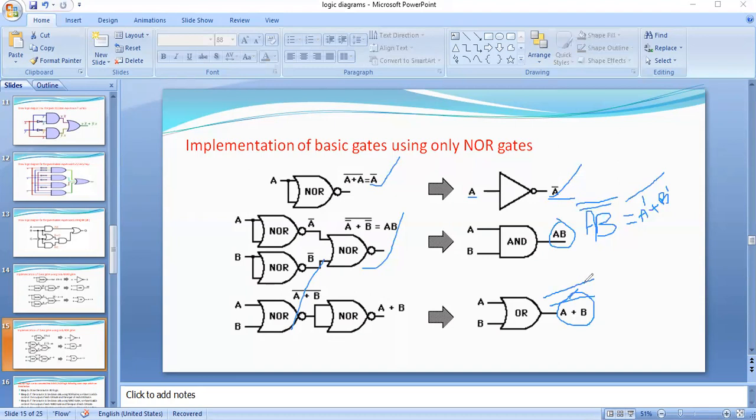After that, we have another bar, meaning you have to complement this term. So you have to use an inverter, and we can design an inverter using a NOR gate also. So (A plus B) double bar is equal to A plus B. Okay, so this is the implementation of basic gates using only NOR gates.